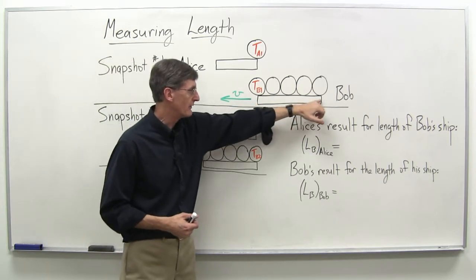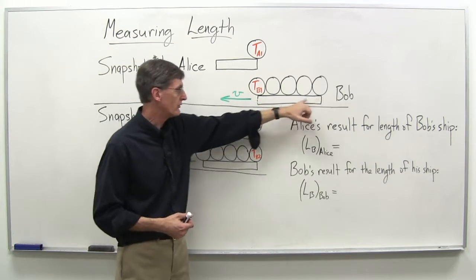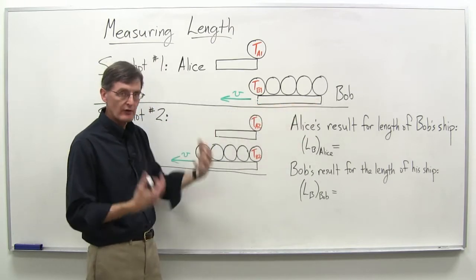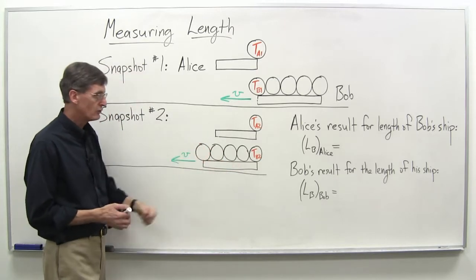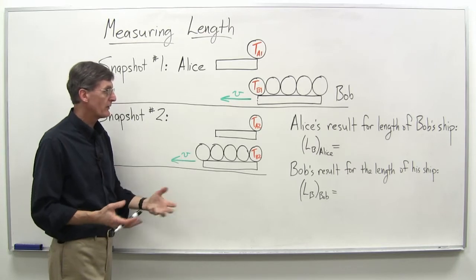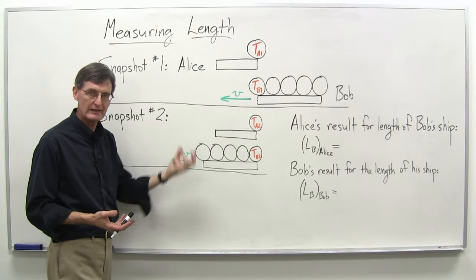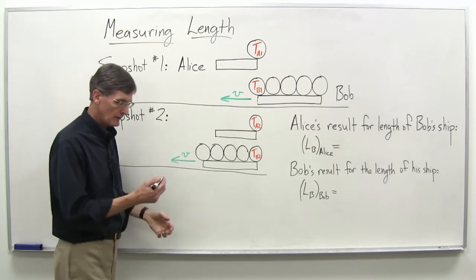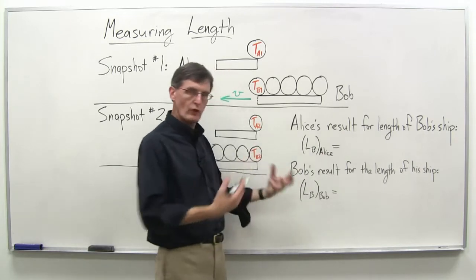So start the clock here, wait until you see the end of the ship go by, stop the clock, as we did in our second snapshot, TA2. It's very simply the velocity of the ship multiplied by the elapsed time between when you see the front of the ship and the back end of the ship. So Alice will say, okay, I've got a result.